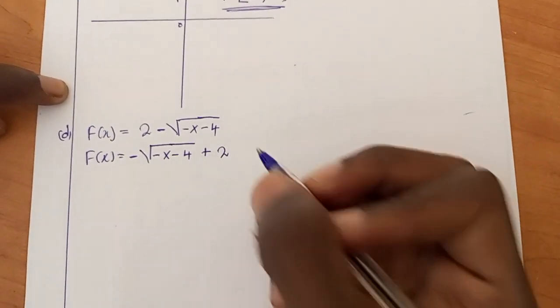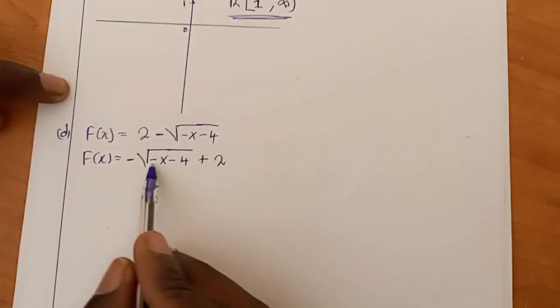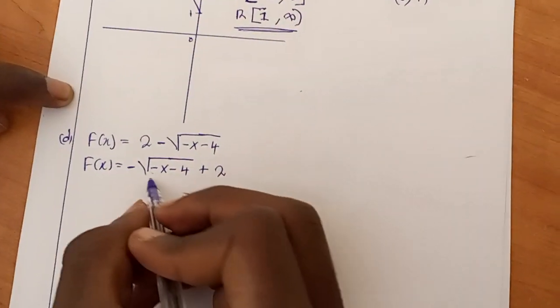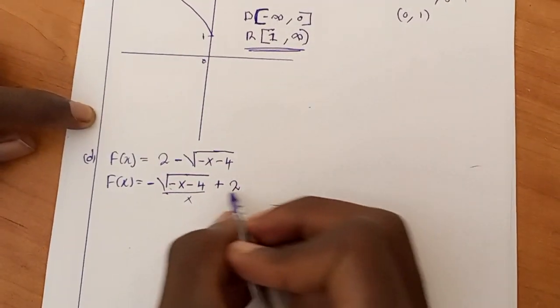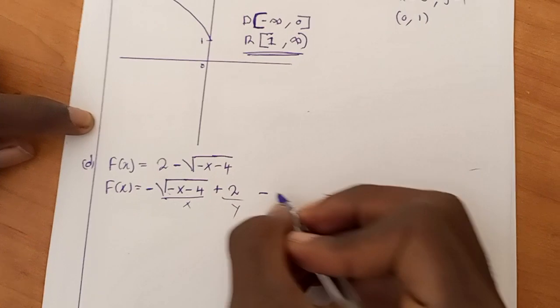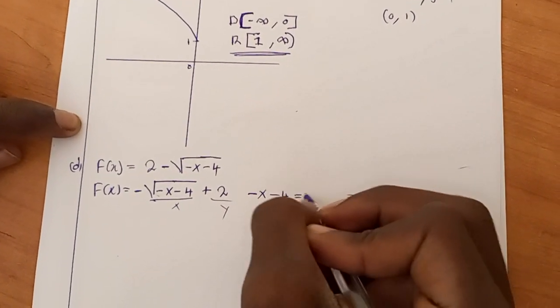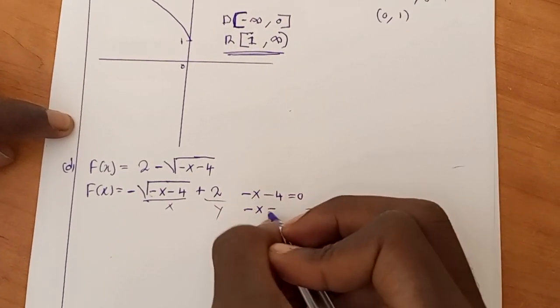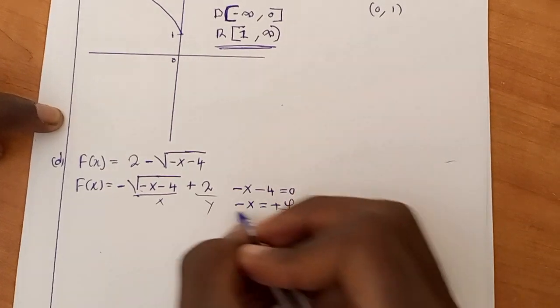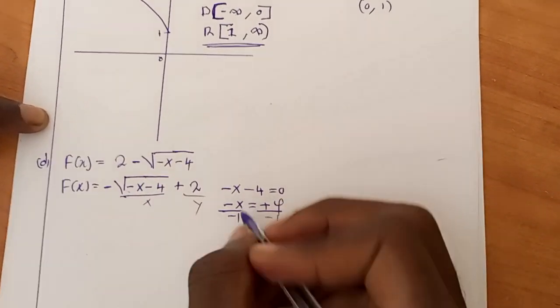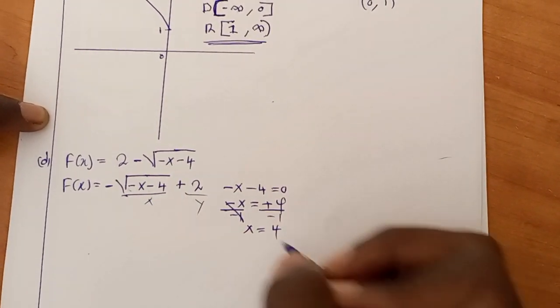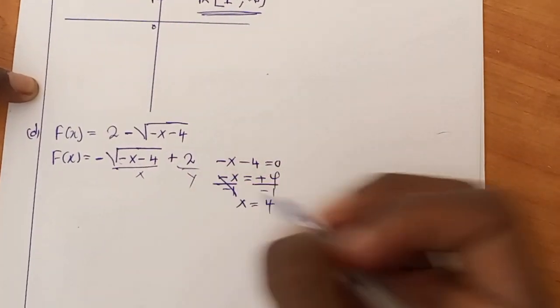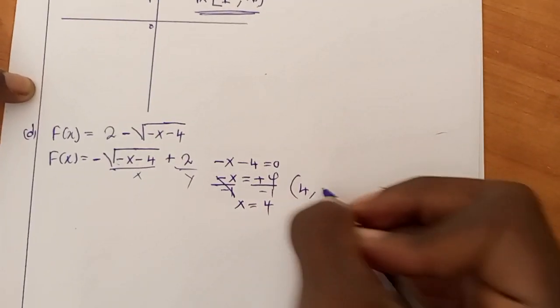We can work out what is inside because we know this part is x and this part is y. So negative x minus 4 equals 0, negative x equals positive 4 over negative 1, so x goes to negative 4. But then we have 2 here, so we're at the point (negative 4, 2).